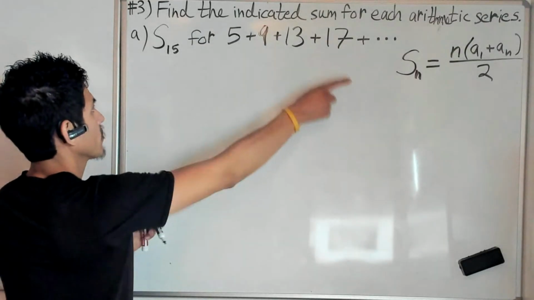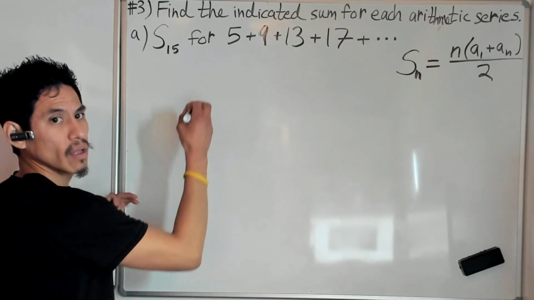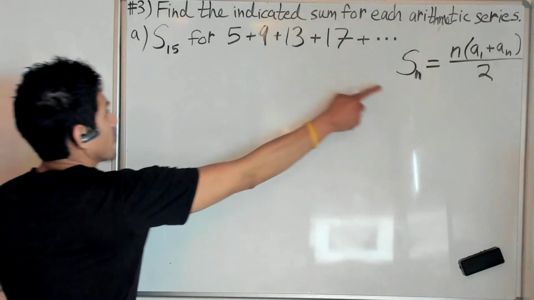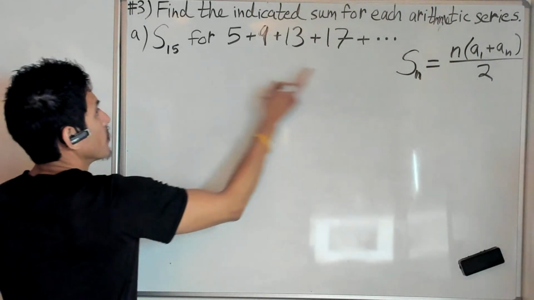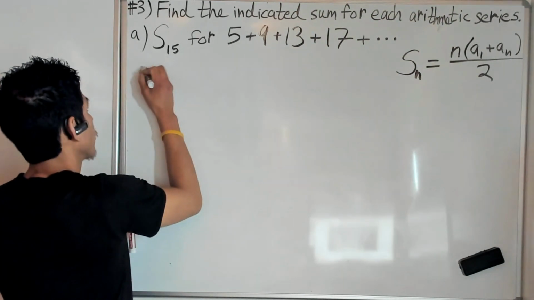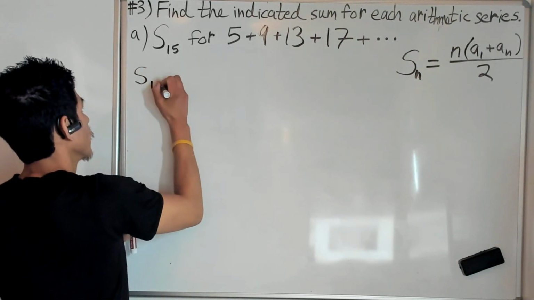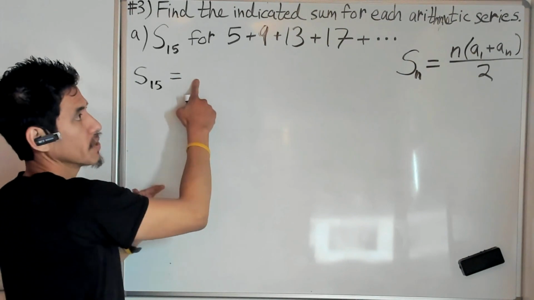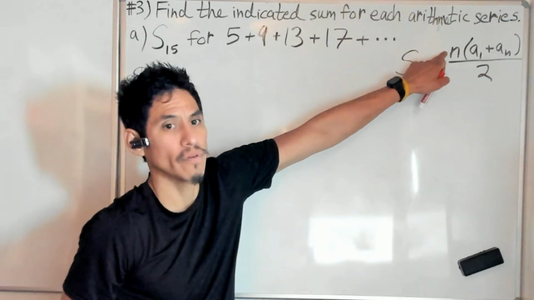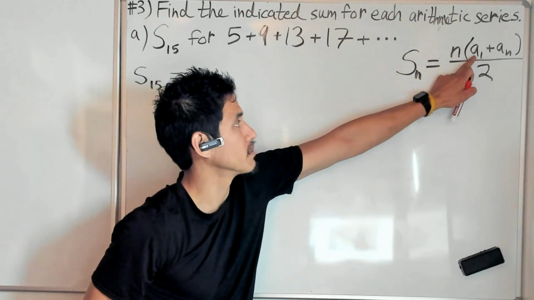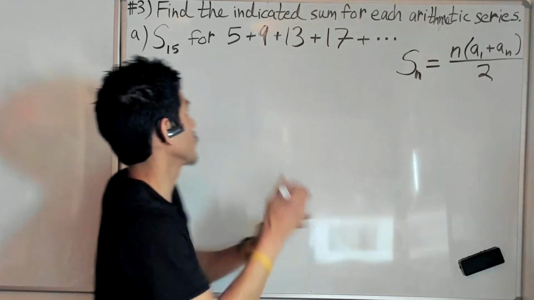So here we want to find S15. So we're going to have our n be 15. So S15 will be equal to 15 times (a1 plus a15) over 2.